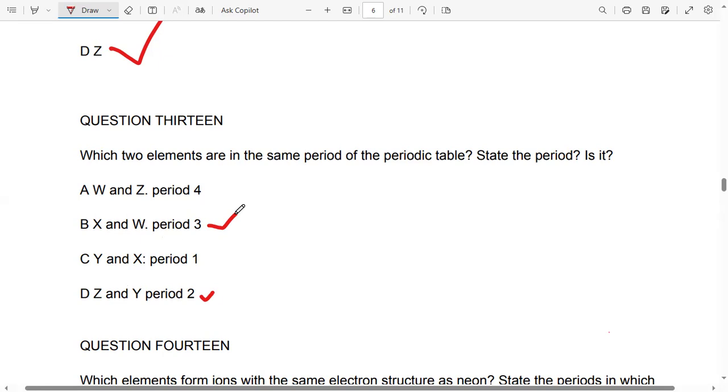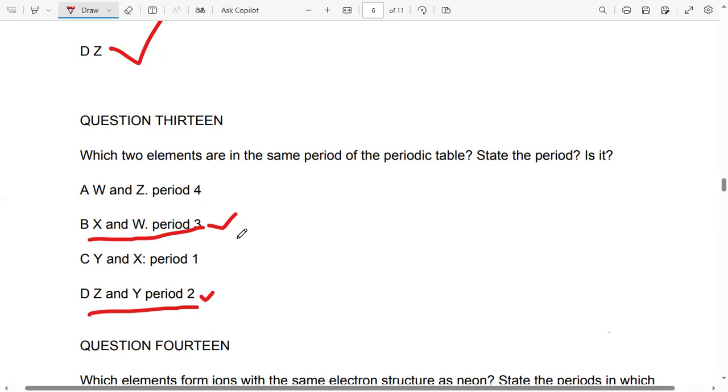X and W have the same number of electron shells, which is 3, so we'll place them in period 3. And Z and Y have the same number of electron shells, which is 2, so we'll place them in period 2. So you can pick this one here, or you can pick that one here.